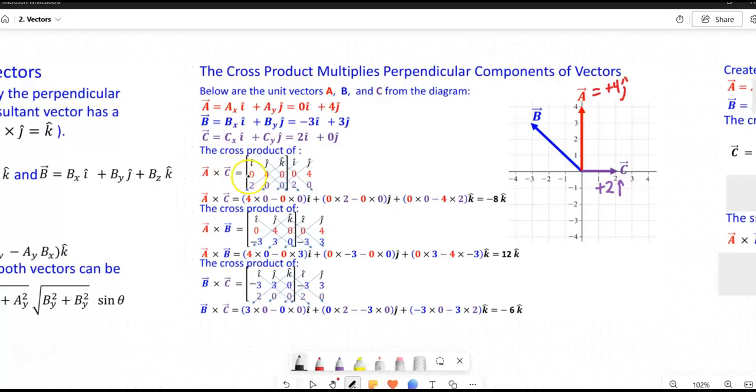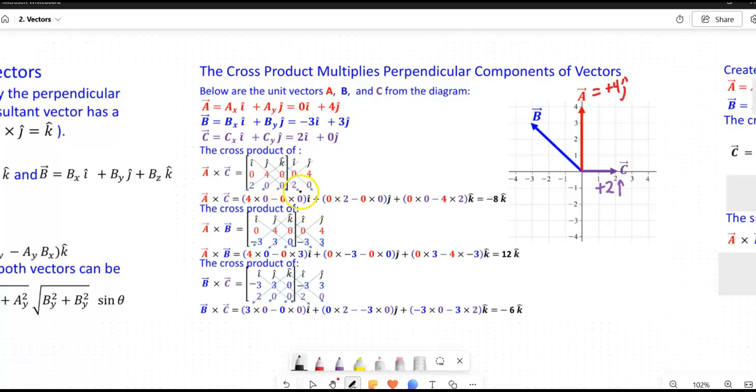All right, here we go. So let's try this out. In this problem, we're going to take the cross product of A and C, which we're going to have to do 4 times 0 minus 0 times 0. So we're going to be doing that first portion.